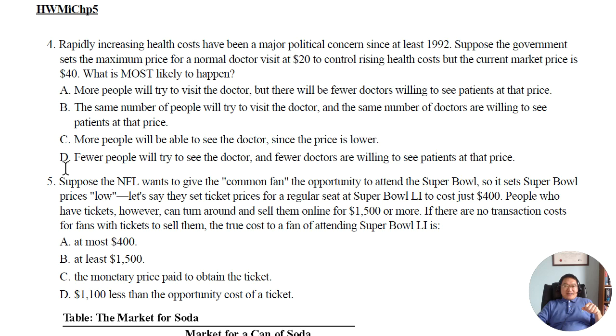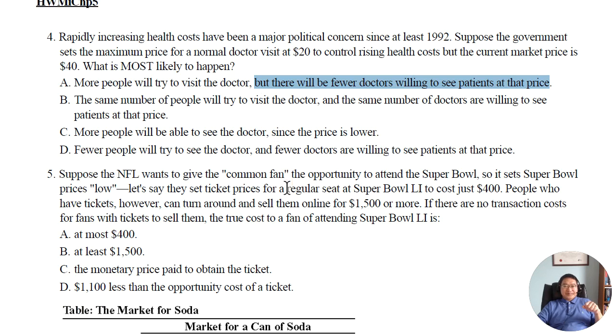D. Fewer people will try to see the doctor. Why would that be? If something is cheaper, you want more. And fewer doctors are willing to see patients at that price. That part is the same as the second part in A.